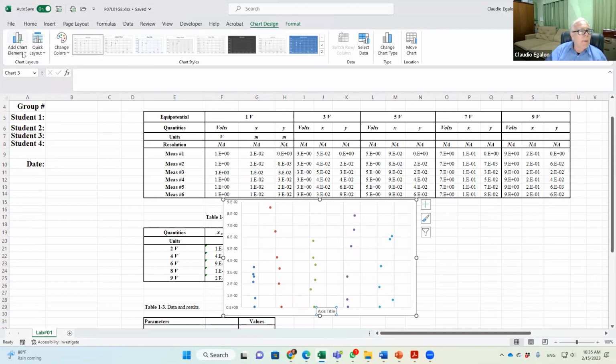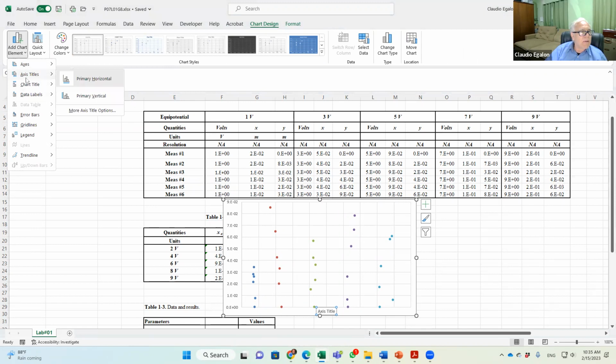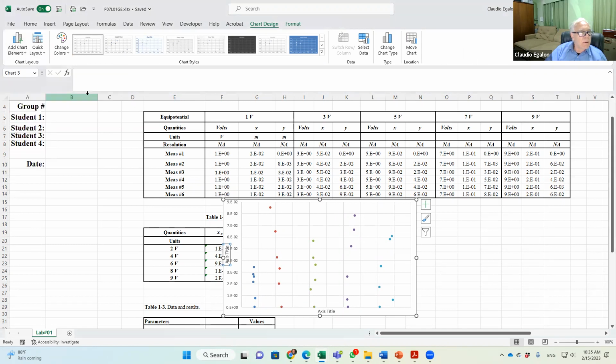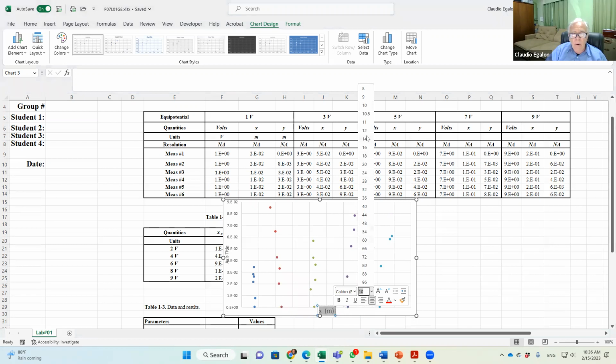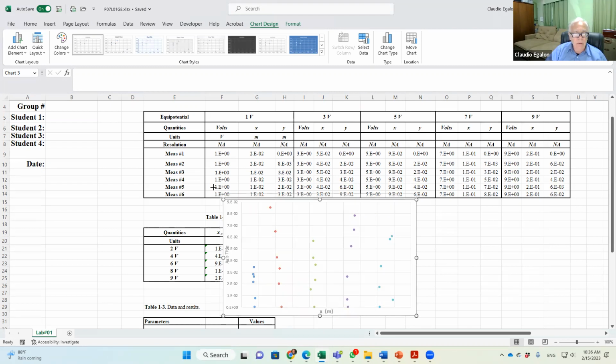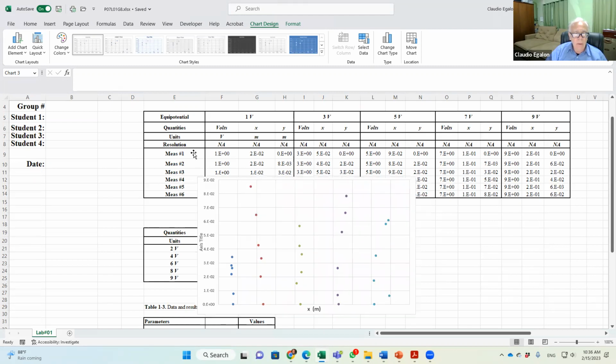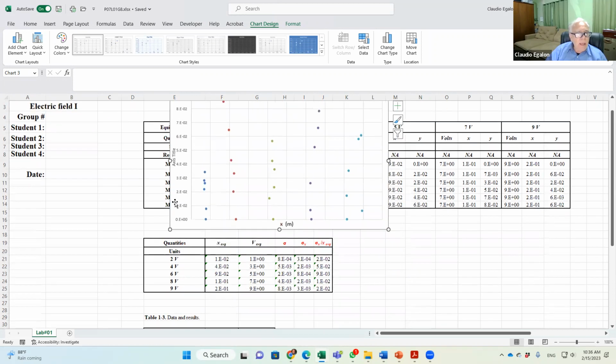And then primary vertical axis title. You're going to put X, and make it a little bit larger. Between parentheses is going to be the unit, meters. So we can see better, 10 font is too small. You do 12. I usually boldface the axis.